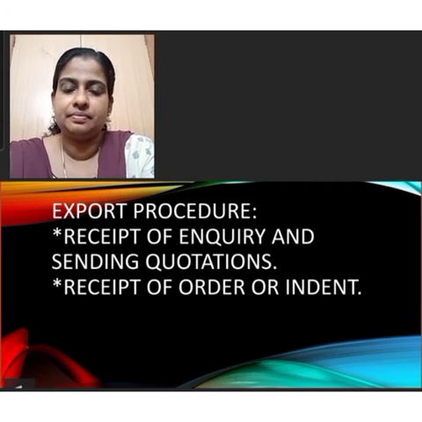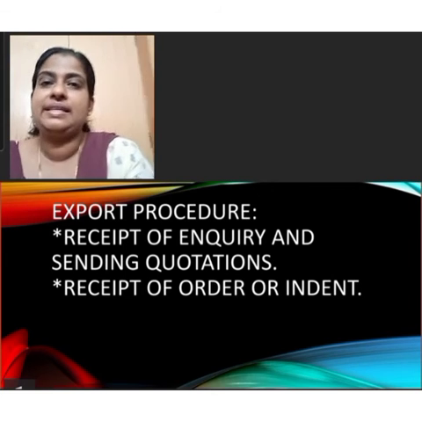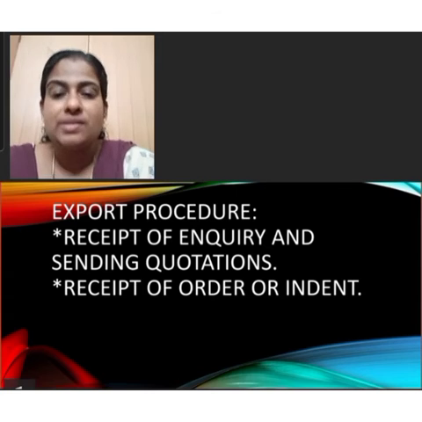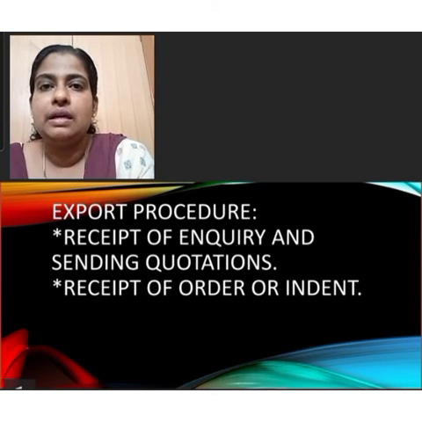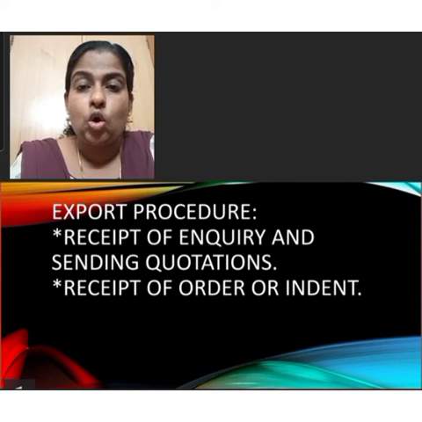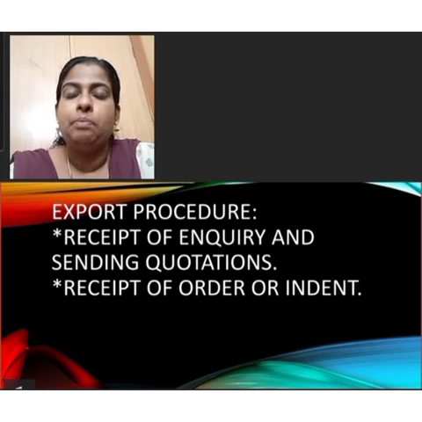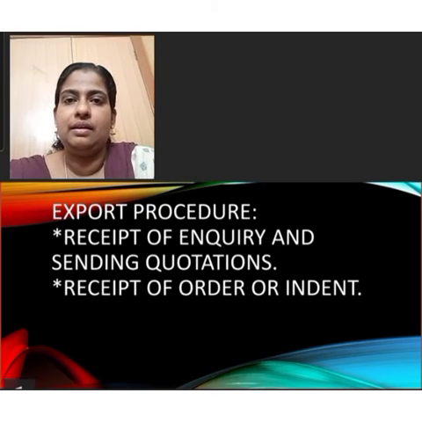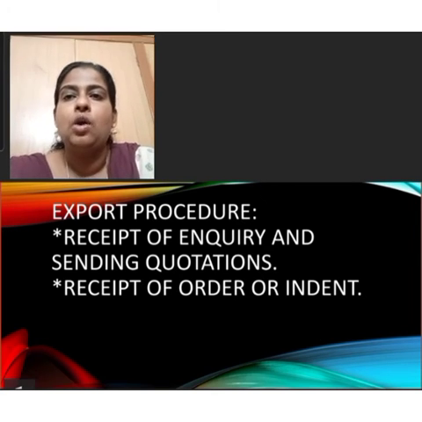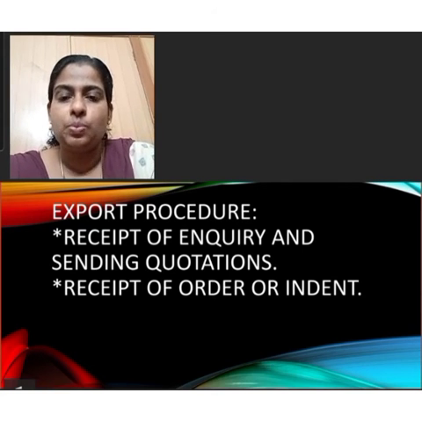There are different types of indents. First, open indent. Second, closed indent. And third, confirmatory indent. First is the open indent. In this type of indent, the importer authorises the exporter to decide the quality, make, design, and price of the goods to be sent.